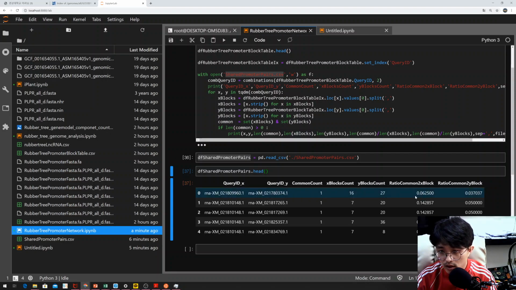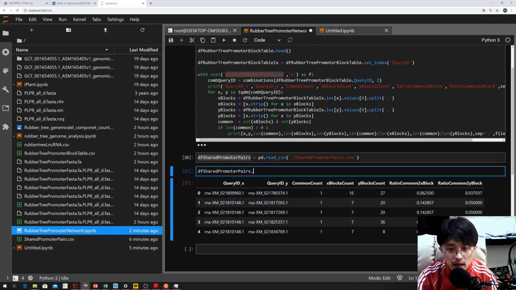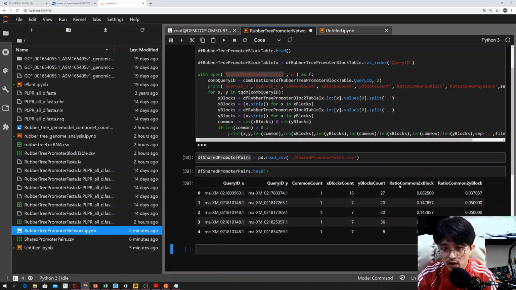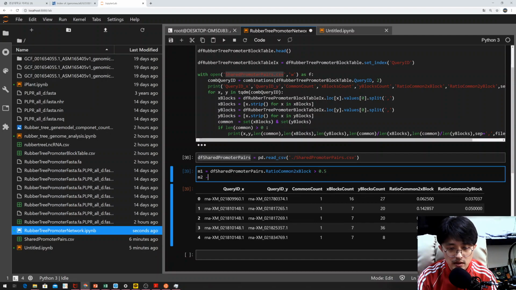So the ratio is not that high. And you can check the shape. 9,000 pairs are retrieved. But if we filter using these values, then we will have a much smaller number of promoter interactions. It is not interaction. It is, how to say, gene pairs, right?